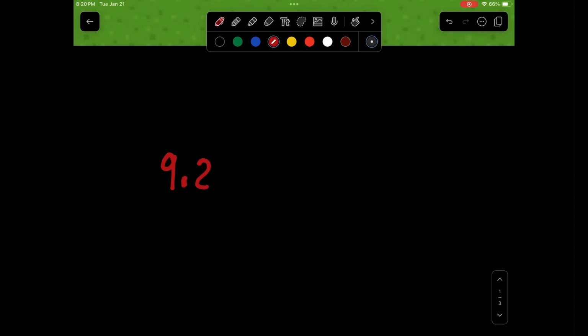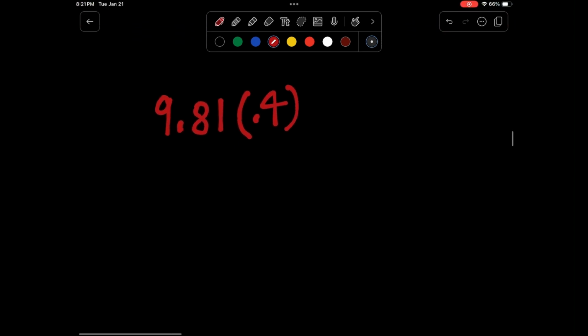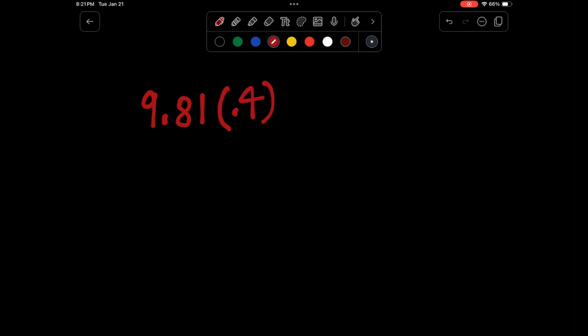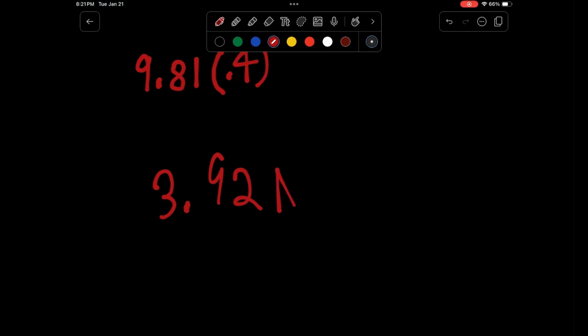The gravitational constant would be negative 9.81 meters per second squared times the mass of the ball, which is 0.4 kilograms, giving us the answer. We get 3.92 newtons downward.